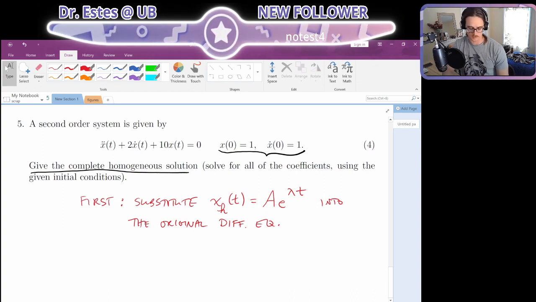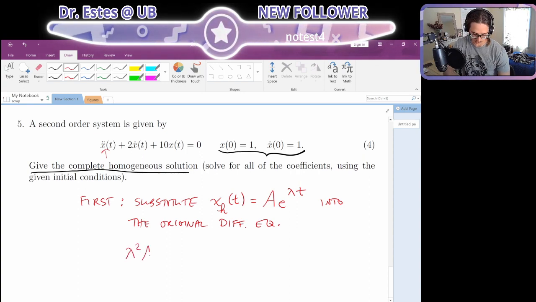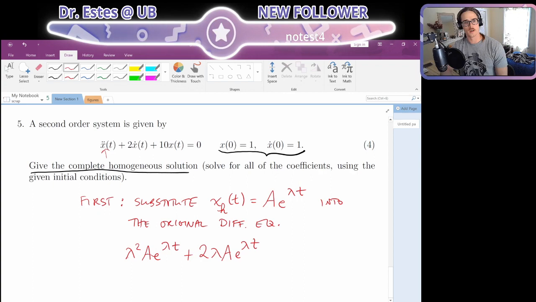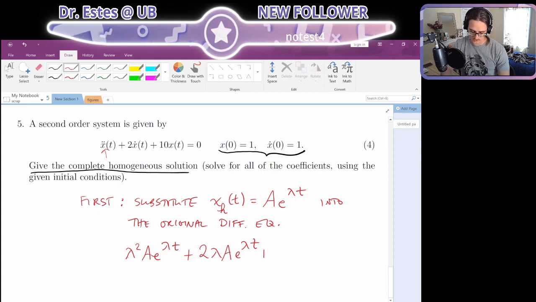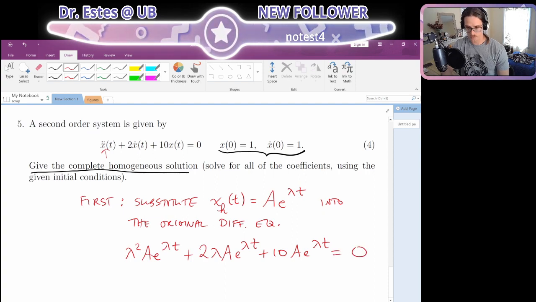Okay, so let's do that. So if I take 2 derivatives of this, that'll be the first term. So it'll be lambda squared a e to the lambda t plus 2 times the first derivative. So that's just 1 lambda out in front, plus 10 times that original function itself.